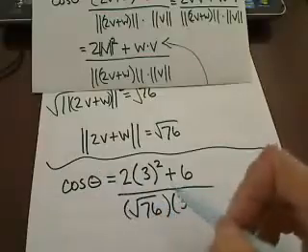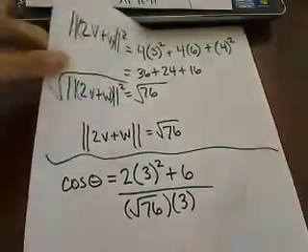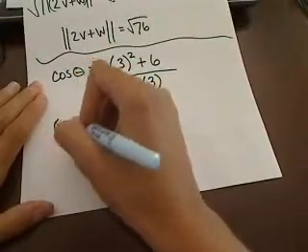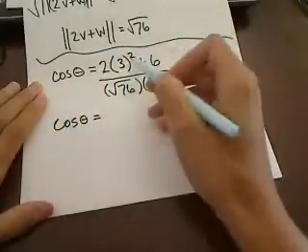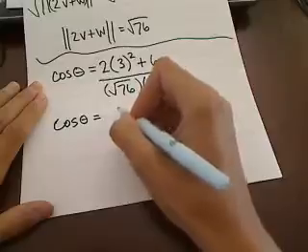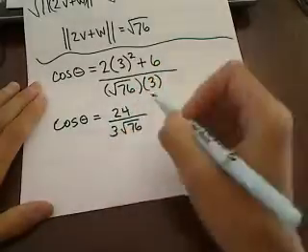All right, so now we need to simplify this, and we're actually looking for theta, so we're going to need to take the cosine inverse of this, but let's go ahead and simplify this first. So we have cosine of theta, so this is 3 squared is 9, times 2 is 18, plus 6. So we're going to get 24, and then we have over 3 times the square root of 76.